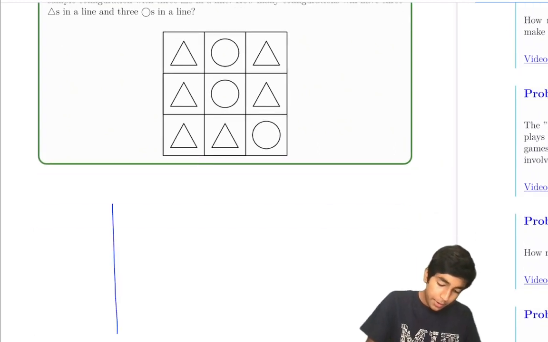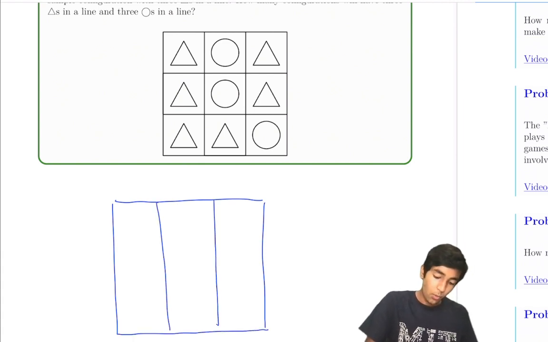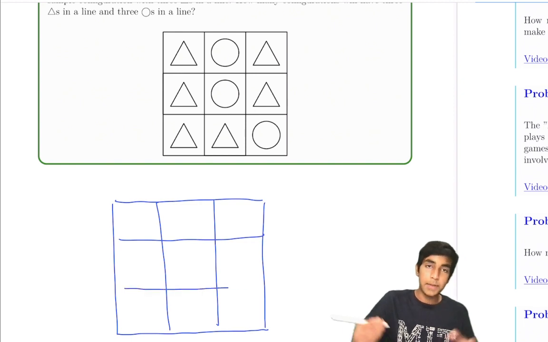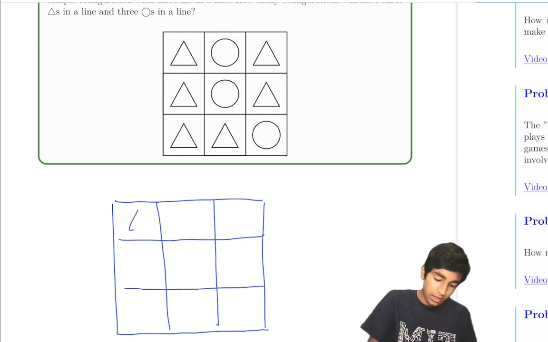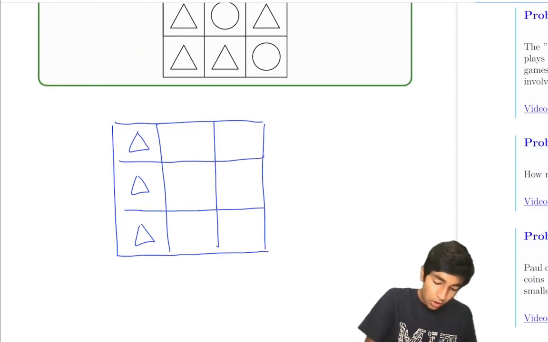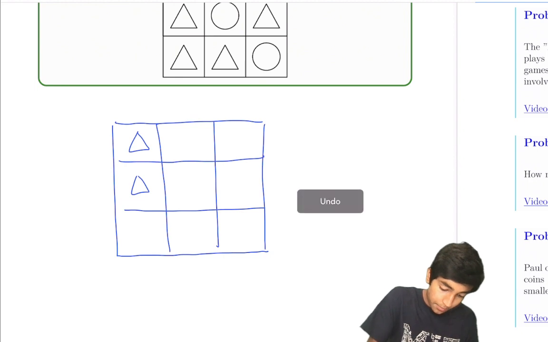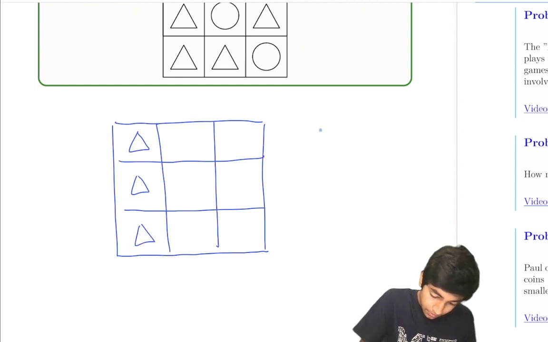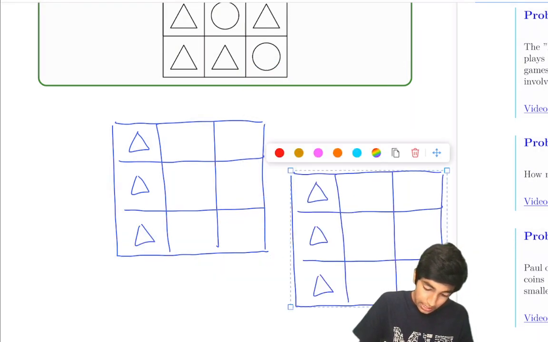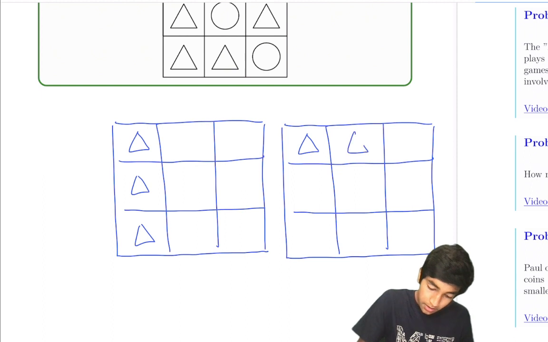So our 3x3 grid must have 3 triangles in a line. Well, what does in a line really mean? Well, we could have 3 triangles like this, right? That's one case. Or we could have them in a row, where instead of in a column, now they're in a row like this.